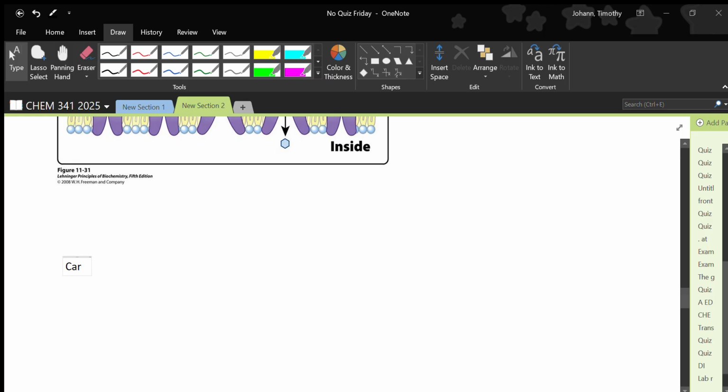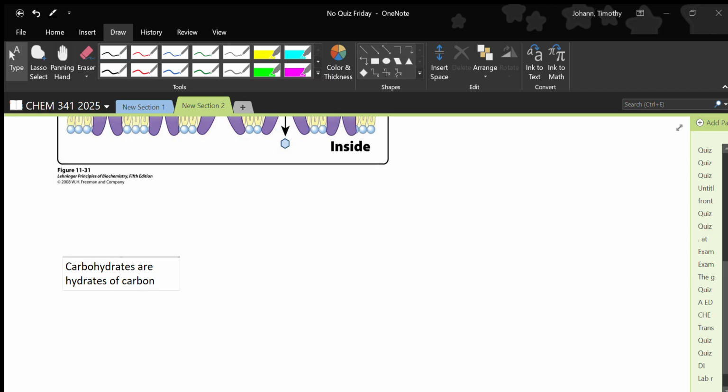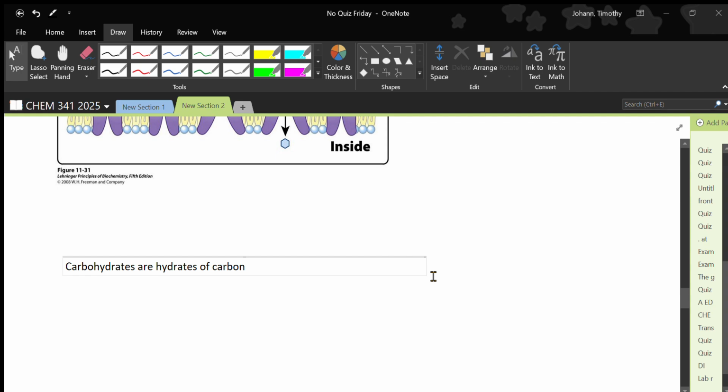So carbohydrates are hydrates of carbon. It's right in the name, okay? So when we think about a carbohydrate, it's going to have a formula that looks something like that.